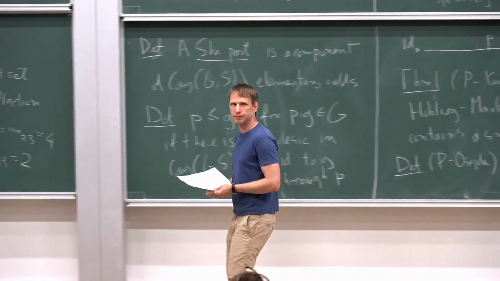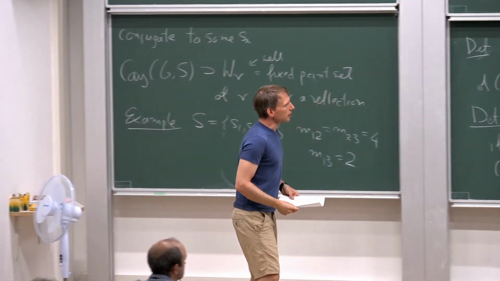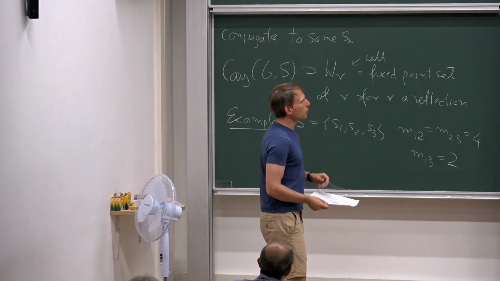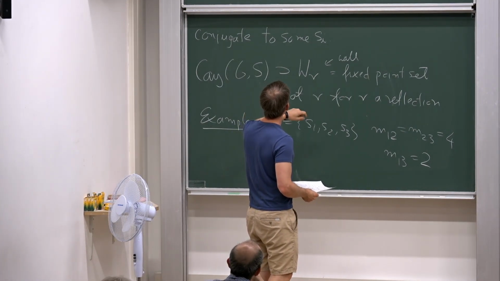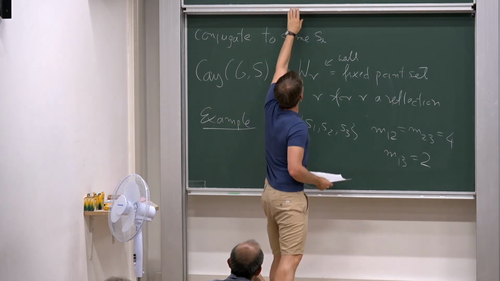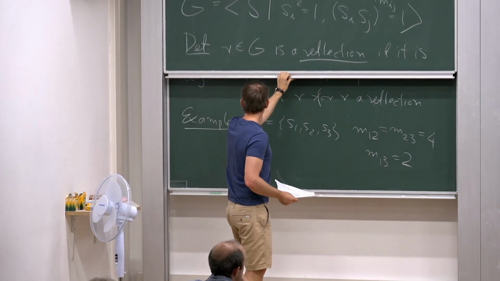Questions? So maybe I'll say a few words why this helps to prove the biautomaticity of Coxeter groups, what it means for a group to be biautomatic.